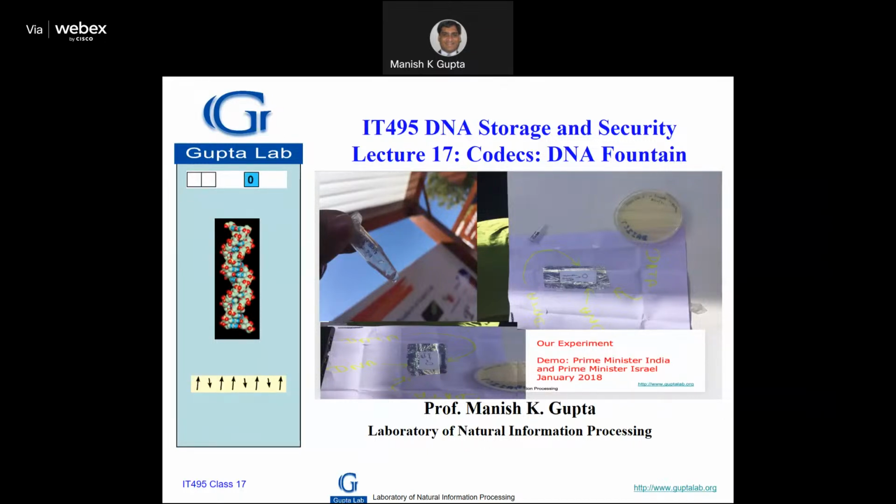There could be bit flips, there could be insertion and deletion of letters A, C, G, T, right? So I like this paper because, of course, there are many more ways you can model things. First, I will look at the DNA storage model that they have proposed by combining the constraint channel and the erasure channel together. I'm going to describe that briefly, along with certain assumptions that are there.